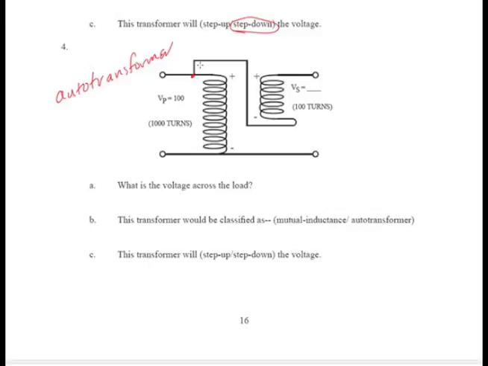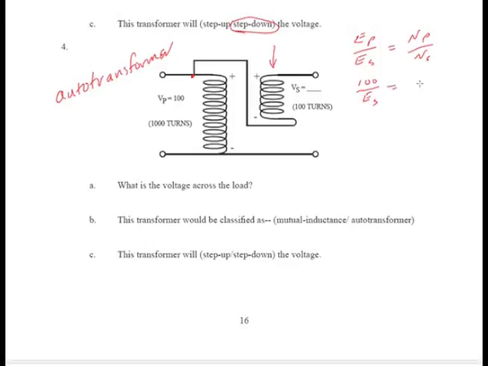The first thing we need to know is what is the voltage induced in this secondary coil. We can use the same formula we've been using all along. EP over ES is equal to NP over NS. Primary voltage is 100 volts. The secondary, we don't know.